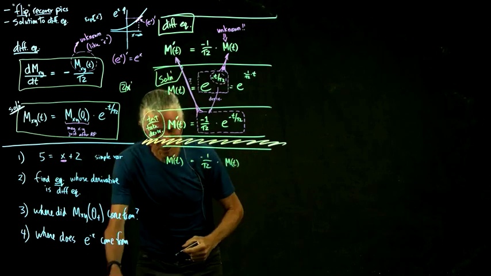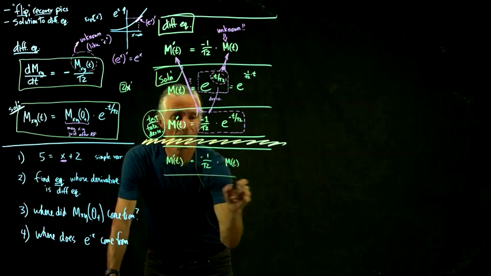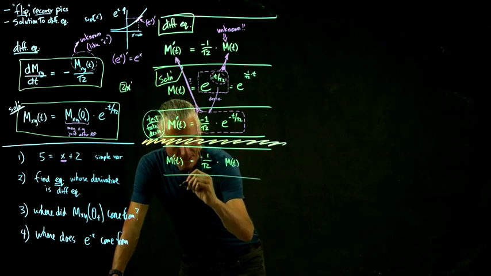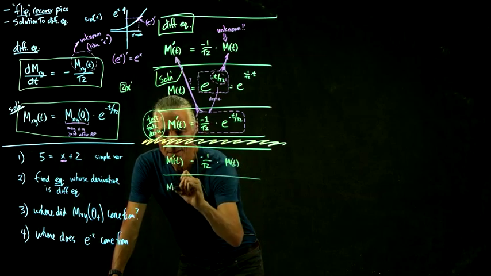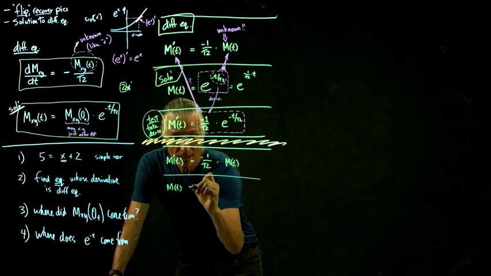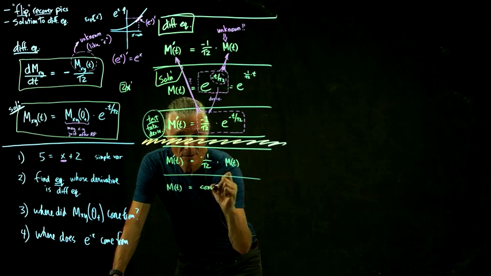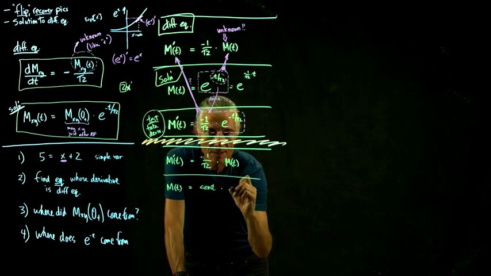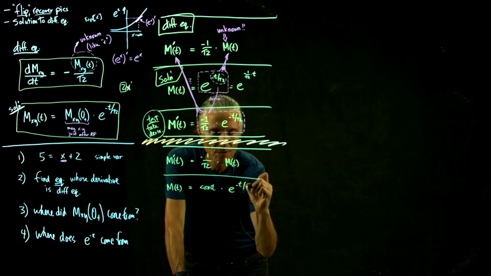So this other solution is some constant. So not the derivative, our solution function equals some constant, any old constant, times e to the minus t over t2.